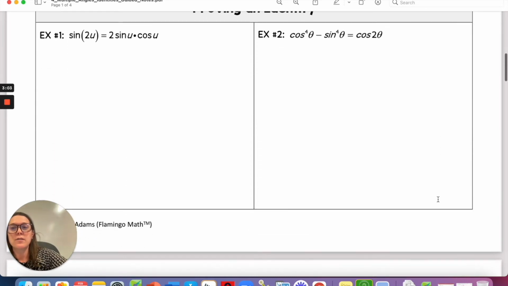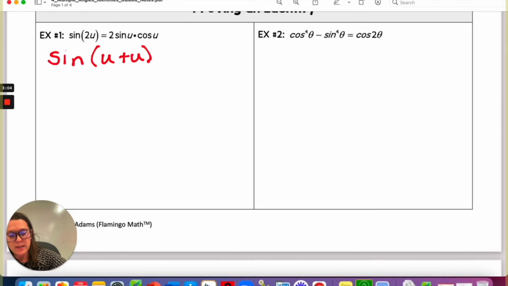So I'm actually going to derive, in example 1, our first double angle. Let's go through this together so you can get an idea of where it's going. The sine of 2u is the same as the sine of u plus u, right?